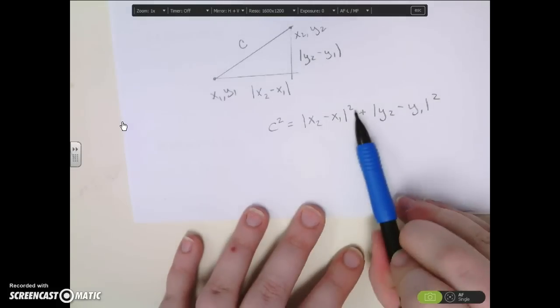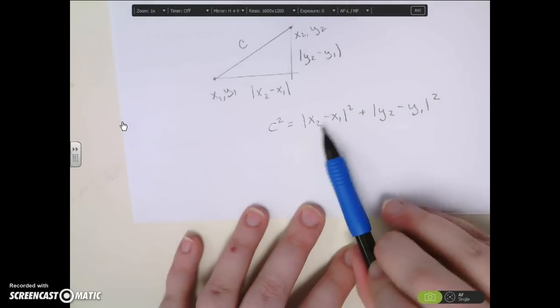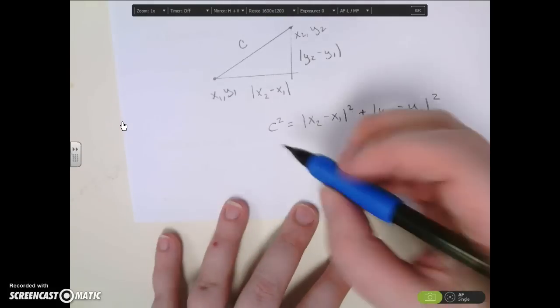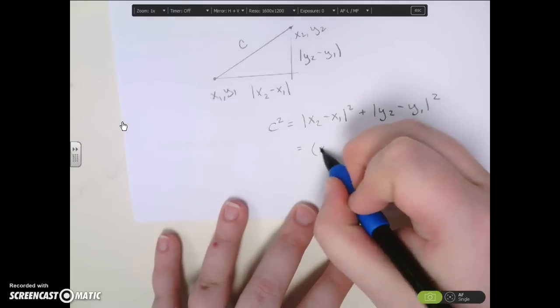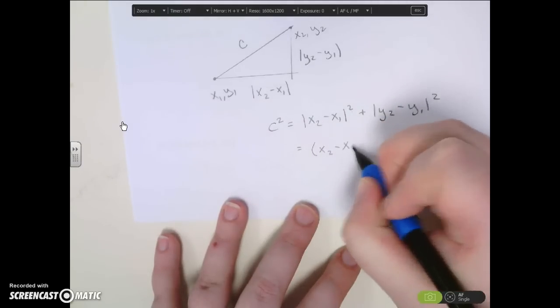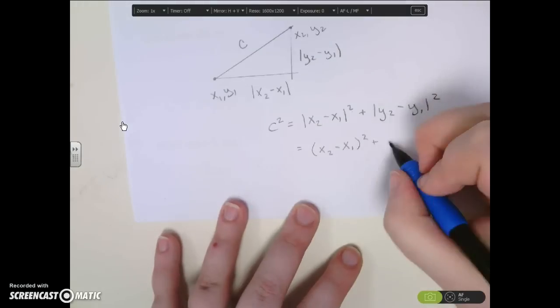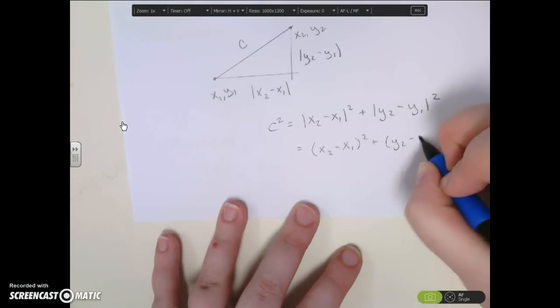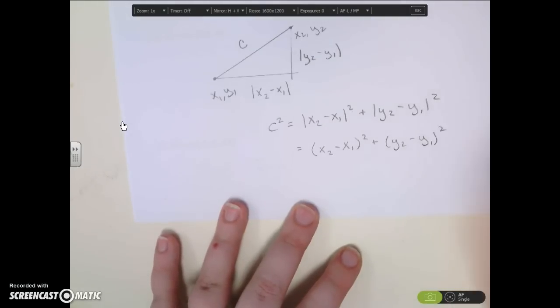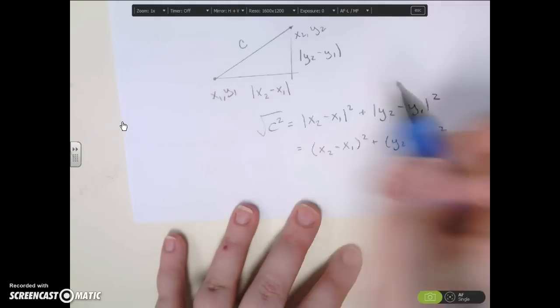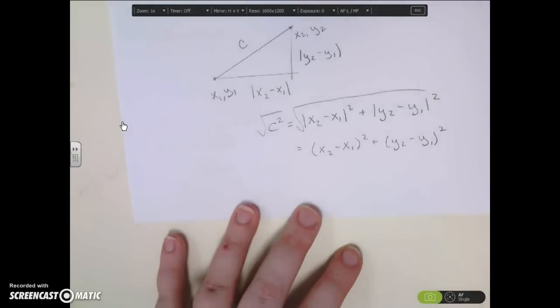Now, squaring something will make it positive, so my absolute value signs are really no longer necessary. So I can just turn these into parentheses. Plus y2 minus y1 squared. And I want to solve for c, so I'm going to go ahead and take the square root.